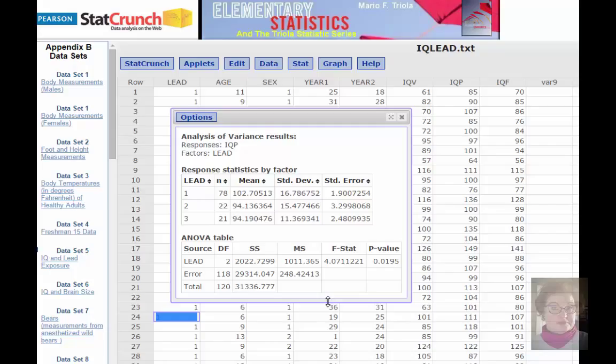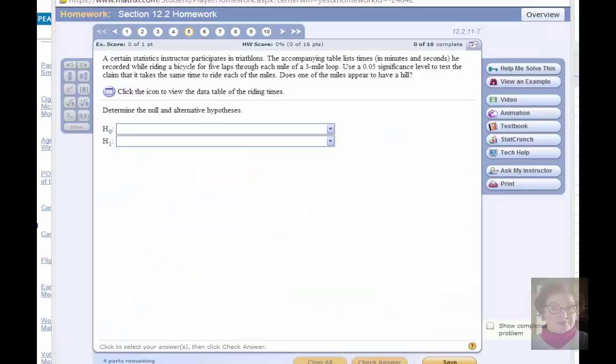Now I want to show you something else that you can do, and let's look at a little homework problem out of the textbook, so you can see how you deal with the data. Let's look at number 5 from your homework, and we'll work through it because I want to show you what you need to do in StatCrunch to make this work.